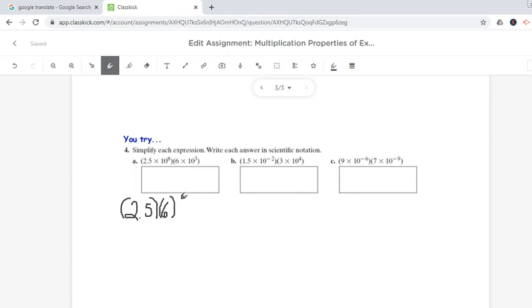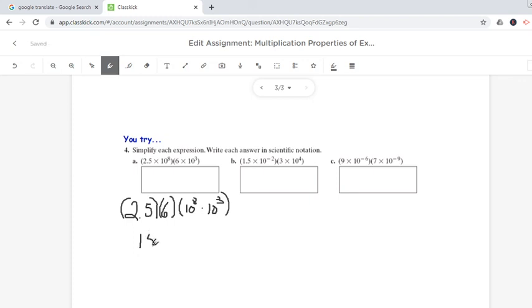Good. And then we put the same base and exponent together. So it would be 10 to the 8th times 10 to the 3rd.